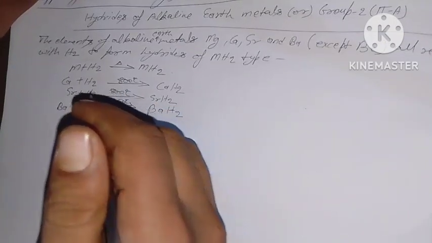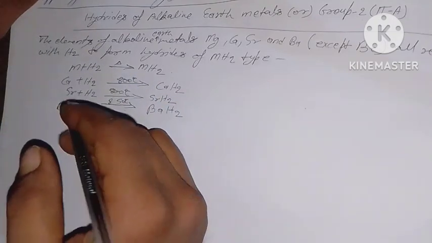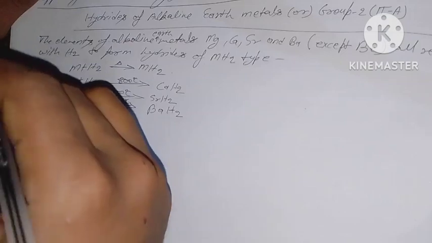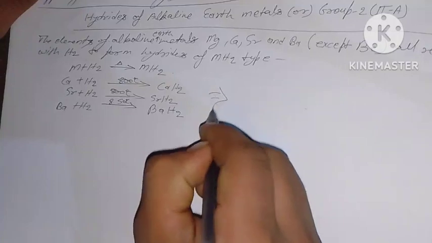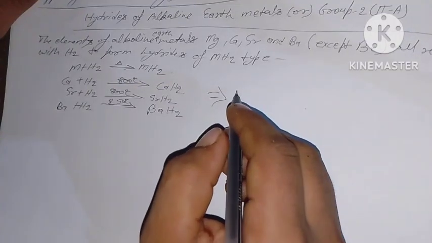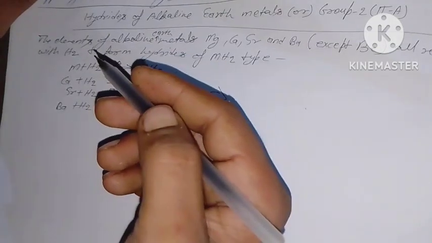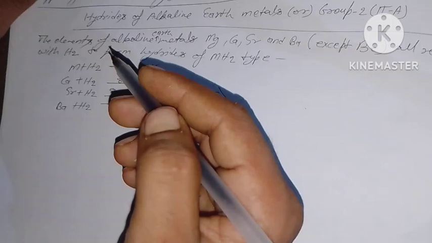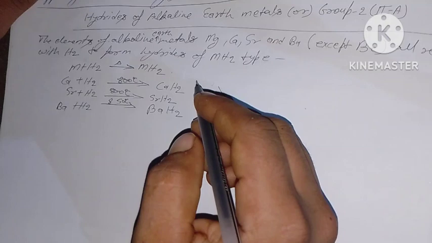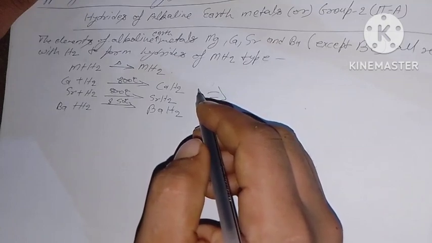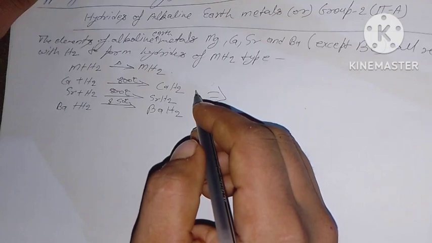Beryllium hydride is difficult to prepare. BeH2, beryllium hydride, and magnesium hydride are prepared by reducing beryllium chloride or magnesium chloride with lithium aluminum hydride, lithium aluminum tetrahydride.